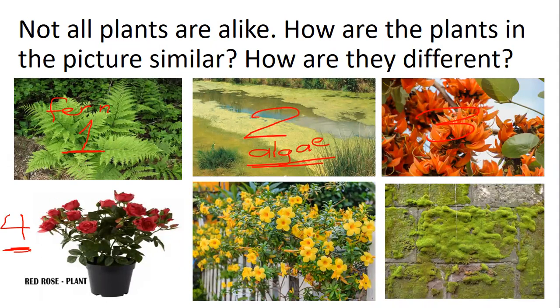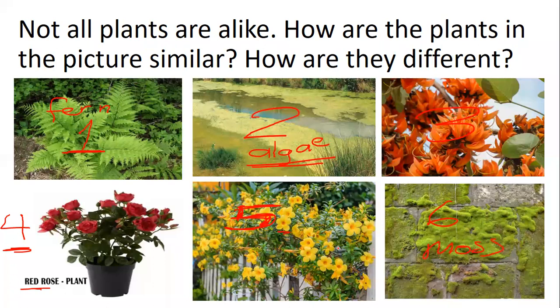Number 4. What is this? Rose. That is very easy, no? Rose. How about this one? Number 5. Number 6 is moss.